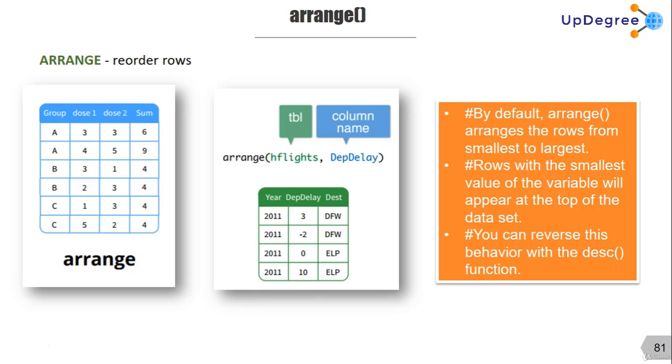But you can arrange them. By default it arranges the rows from smallest to largest, like increasing, so rows with the smallest value of the variable will appear at the top of the data set. You can reverse this behavior with decreasing order using the decreasing argument.